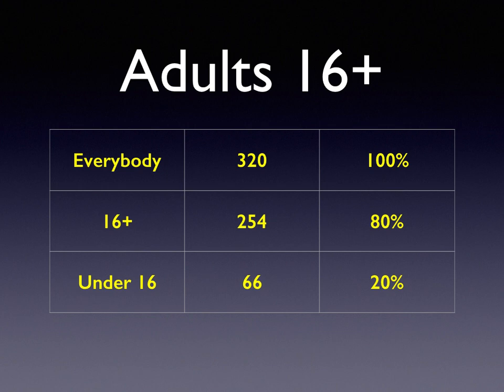If you're under 16, that's about 20% of the U.S. population. We do not consider anyone under 16 in our analysis of unemployment. So 254 is the number we're going to look to. We start at 320, take out all the under 16s, and that leaves us at 254.